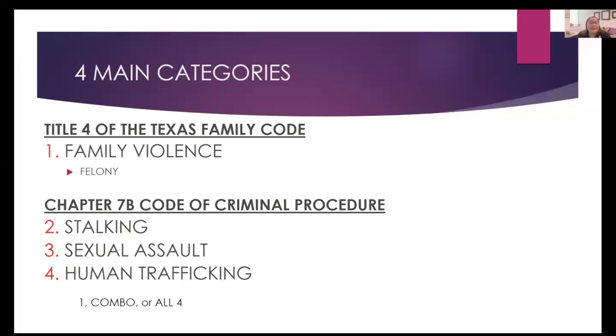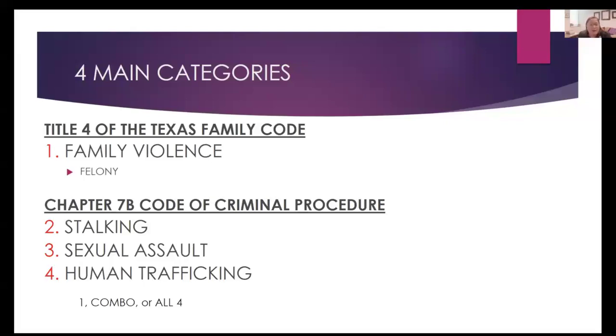But there are different bases for obtaining a protective order, and Chapter 7B of the Code of Criminal Procedure enumerates several offenses in which you can obtain a protective order, the biggest bases being stalking, sexual assault, and human trafficking.